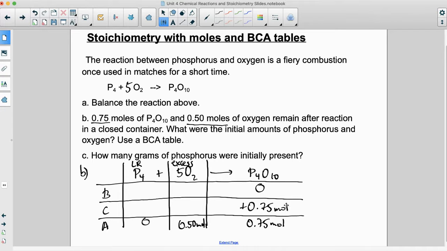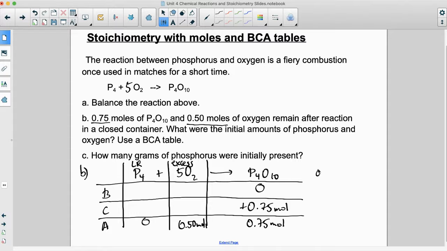So we know that this is plus 0.75 moles. So now we can work backwards and figure out what O2 and P4 have to be, because we know that we produced this much P4O10. So looking at the ratio, we know that if we produce 0.75, we need 5 times as much oxygen as P4O10.